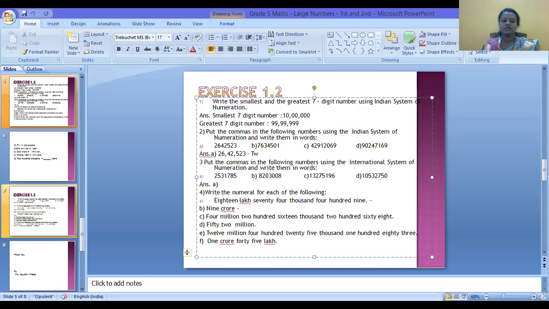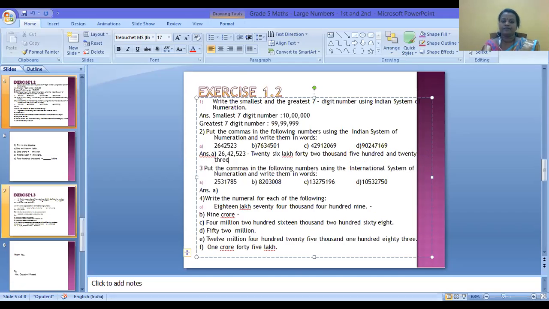It is read as 26 lakh 42,520. Similarly, I request you to solve questions B, C, D as a drill.